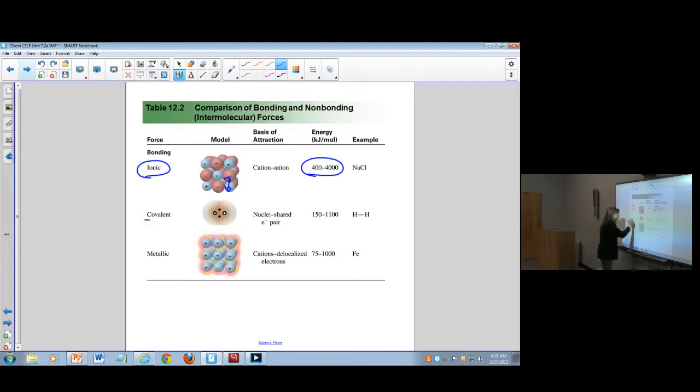And we've also looked at covalent bonds, and we spent some time on bond energy and bond length and so forth, where the electrons are shared, and those also have a pretty high energy, anywhere from 150 to 1,100, depending on what we're talking about.